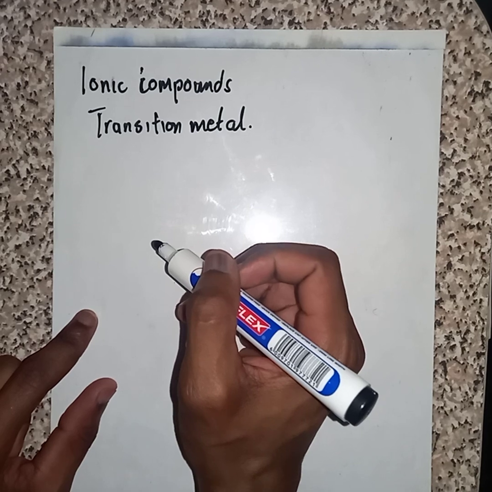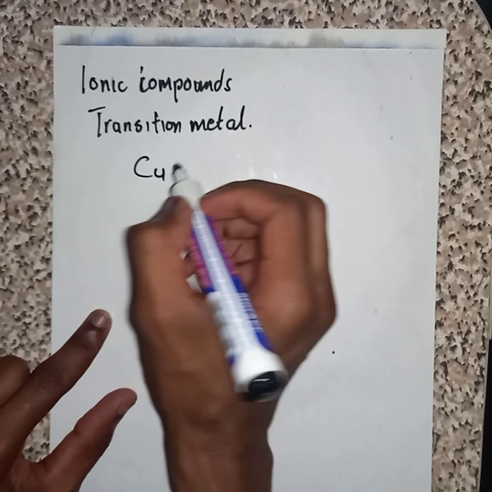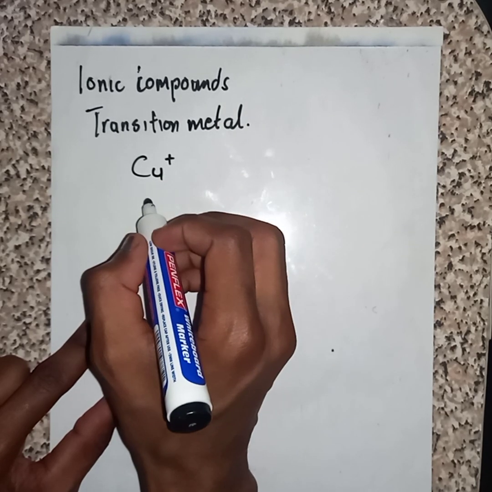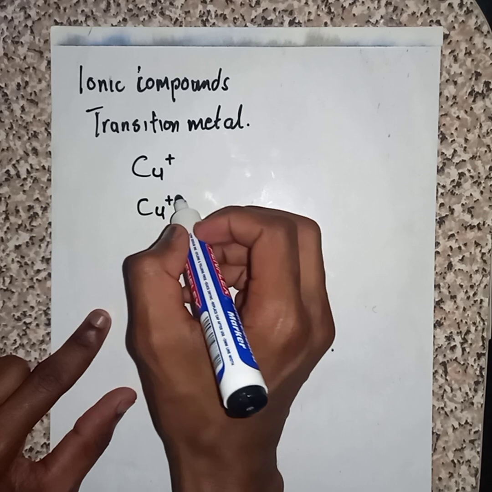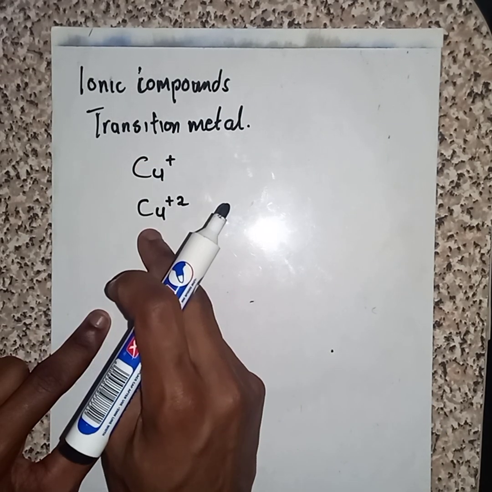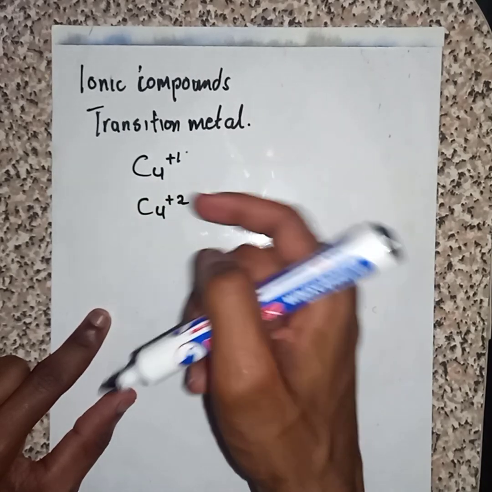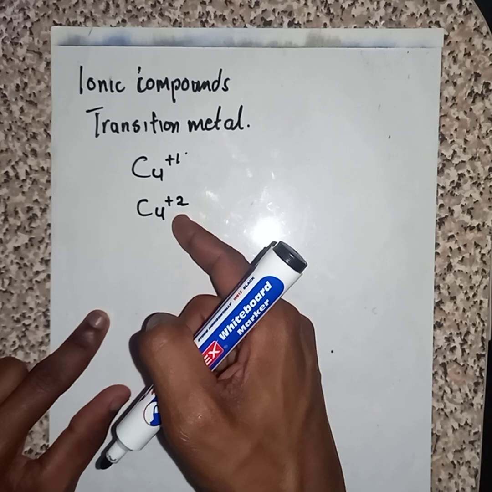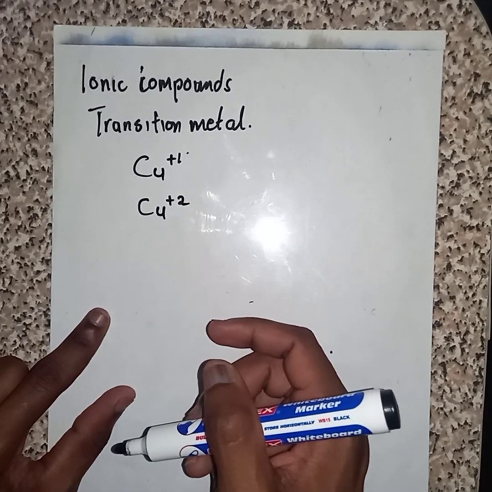I hope you have come across in your life something which looks like this: copper plus, or copper plus 2. You see, it's the same copper, but now its ion is not the same. We have +1, we have +2. You see, we call such the transition metals.